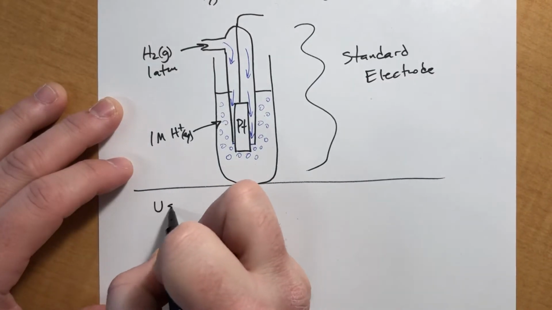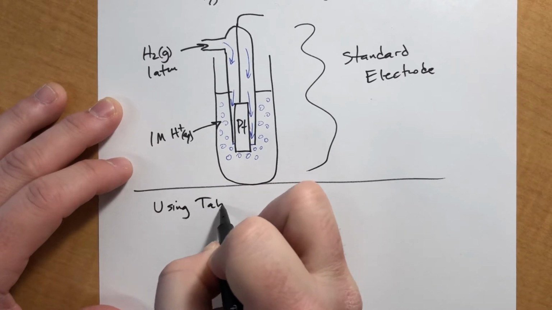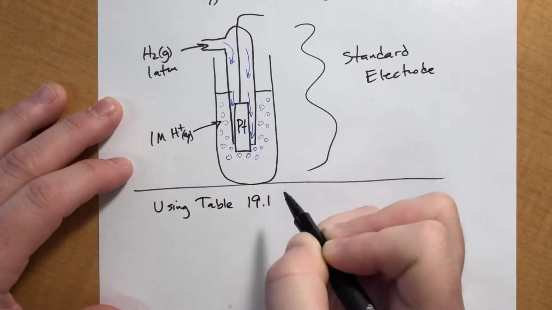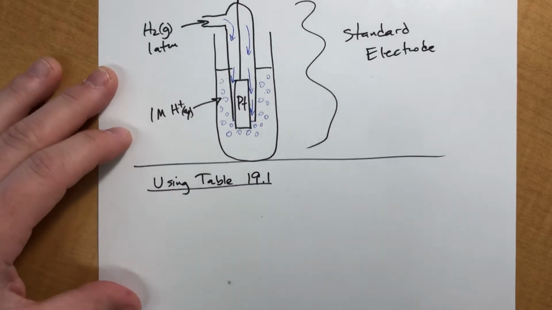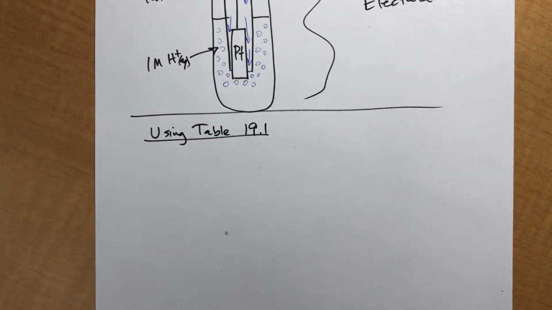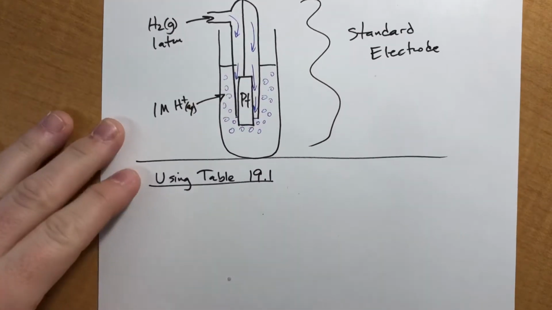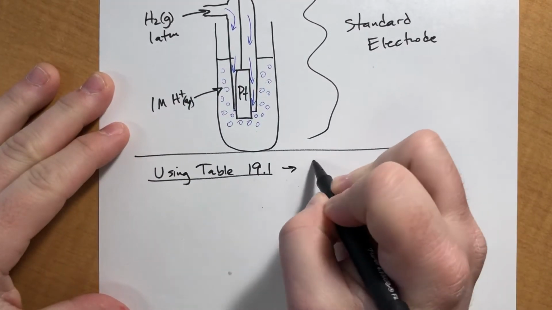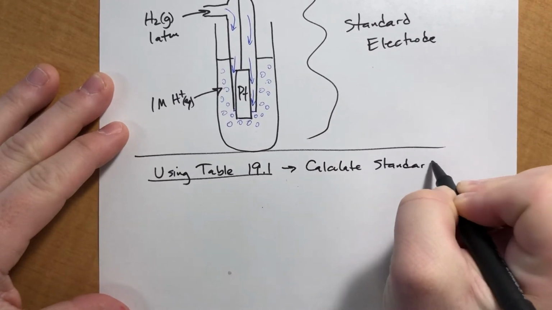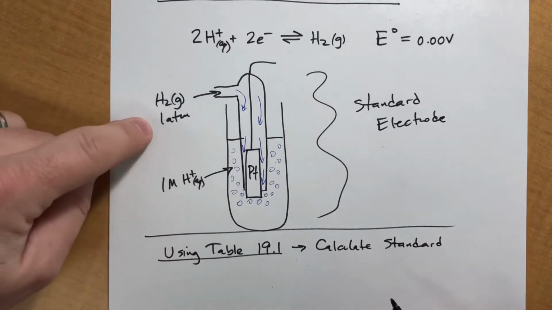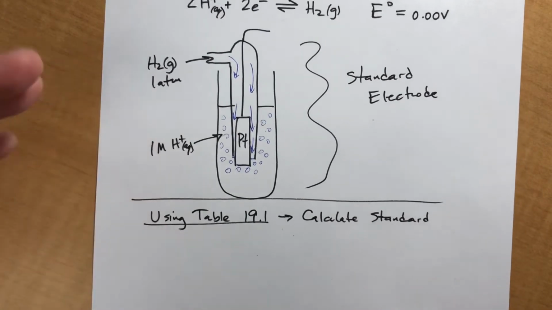Using table 19.1, we can calculate standard electrode potential. It's at standard conditions, so everything's either 1 atmosphere or 1 molar, which is not a big deal.